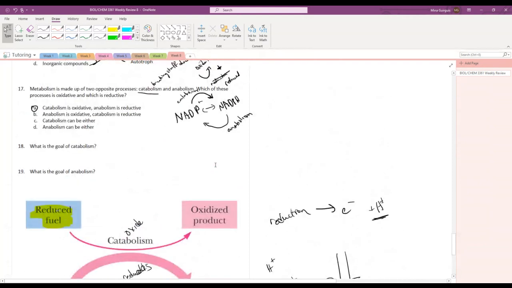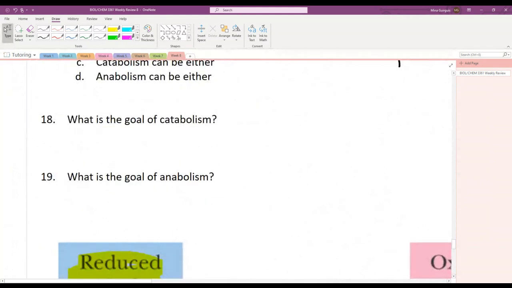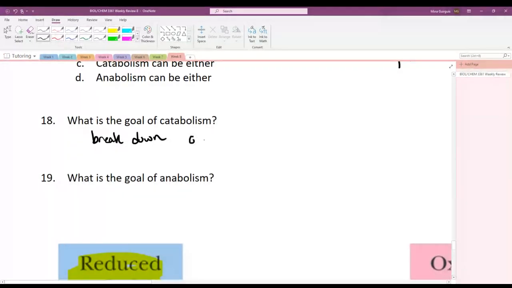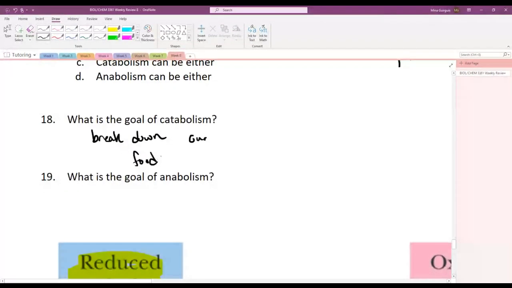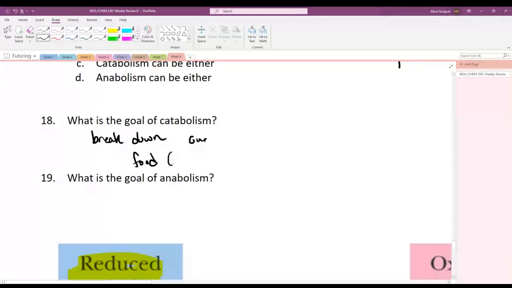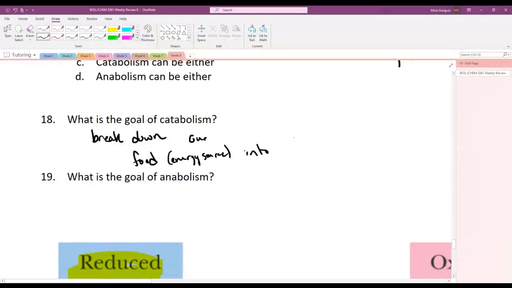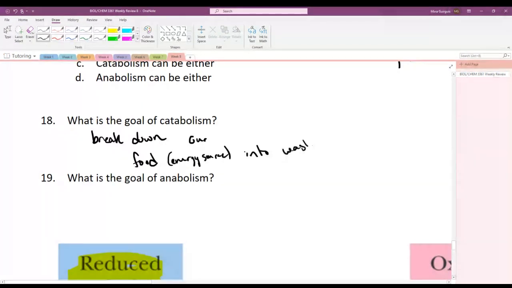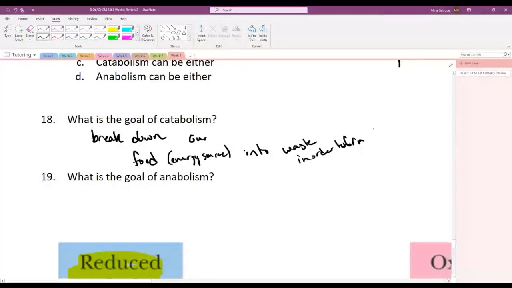Okay, so the goal of catabolism, coming back here, is to break down our food, in the case of humans, or whatever energy source we're using, into stuff like water, CO2, into waste, in order to form the big two. I say the big one is NADPH, but ATP is also fairly important, as I'm sure you all know.